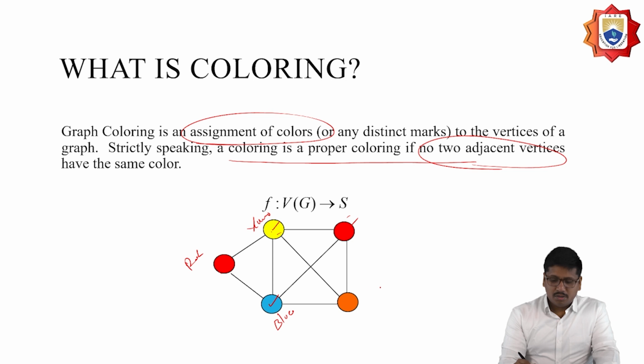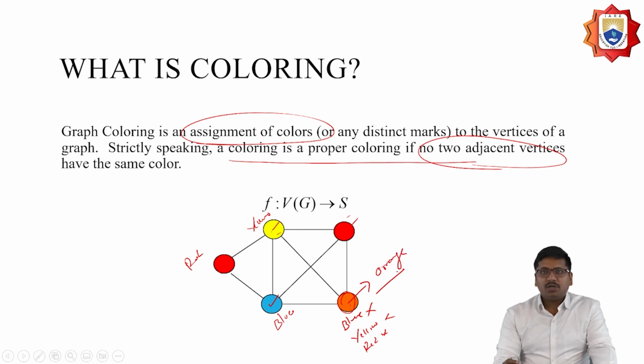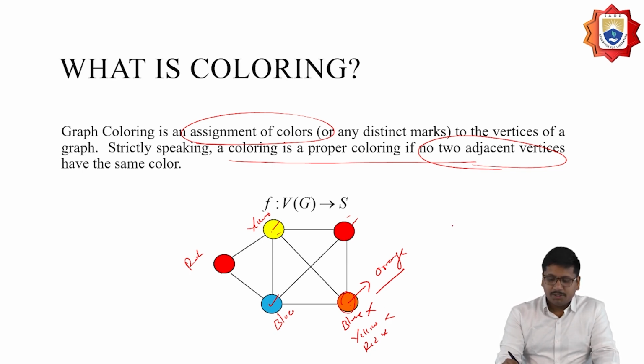If I go for red, then these two will coincide. Blue also does not match, yellow does not match, and red does not match, since all the nodes would coincide here. So I go for orange here. Like this, we color the graph such that no two adjacent vertices coincide with each other.